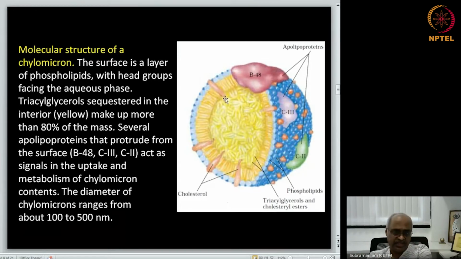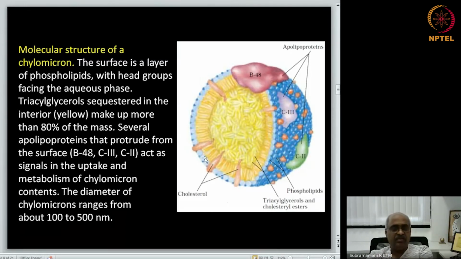That triacylglycerol forms the inner core, surrounded by one layer of phospholipids, so that the outside is hydrophilic. And then you have these apolipoproteins embedded in them. These spherical structures are studded with these lipoproteins, and these lipoproteins are essential. They act as signals for the uptake, transport and metabolism of the fat.